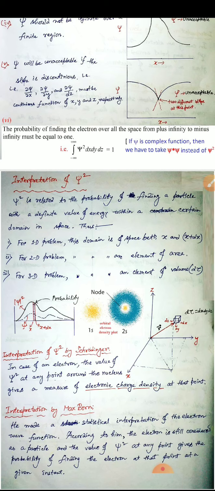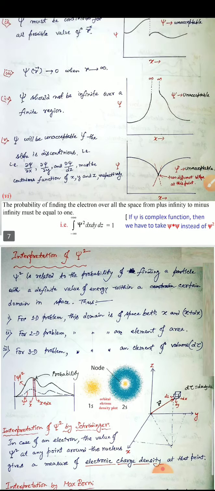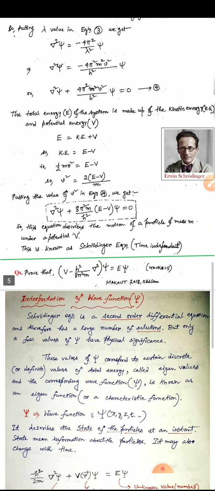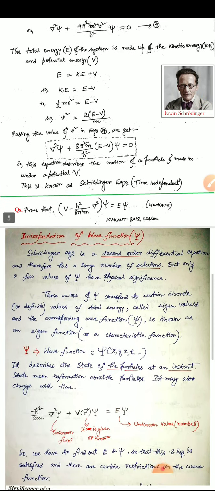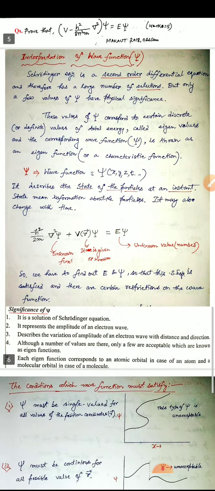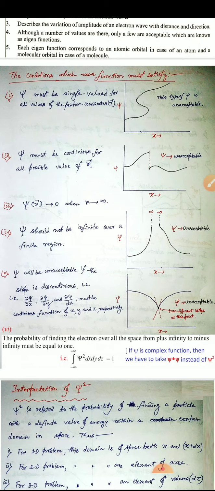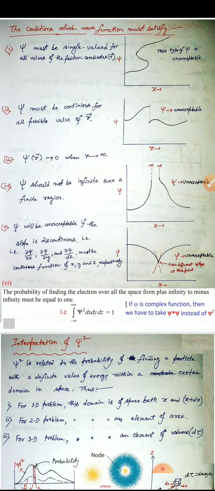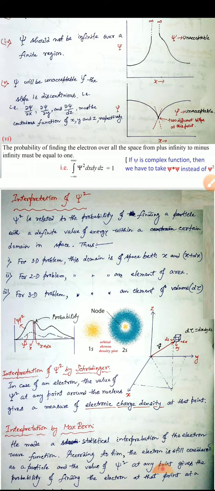So students, these are the very preliminary things about the Schrödinger equation, the Hamiltonian operator, Laplacian operator, wave function and its significance and importance, acceptable values of psi, eigenfunction, eigenvalue, the conditions for a function to be an eigenfunction or acceptable function, the probability concept, the concept of the orbital, and finding the electron in a particular volume.